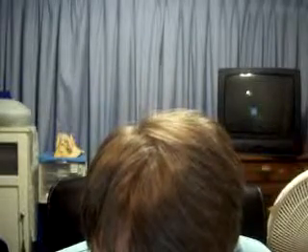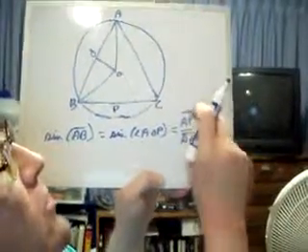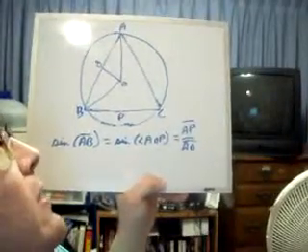Now, what is the sine of AOP? The sine of AOP is AP over AO, the opposite over the hypotenuse, AP being the opposite, AO being the hypotenuse.